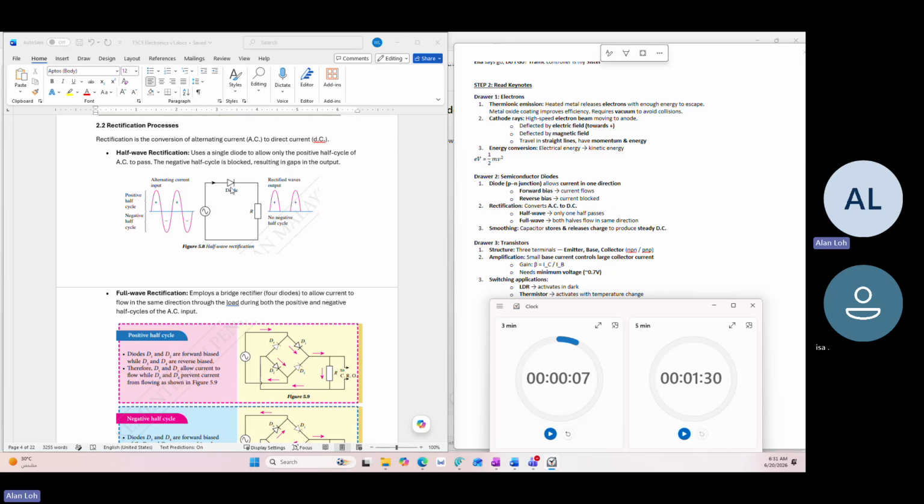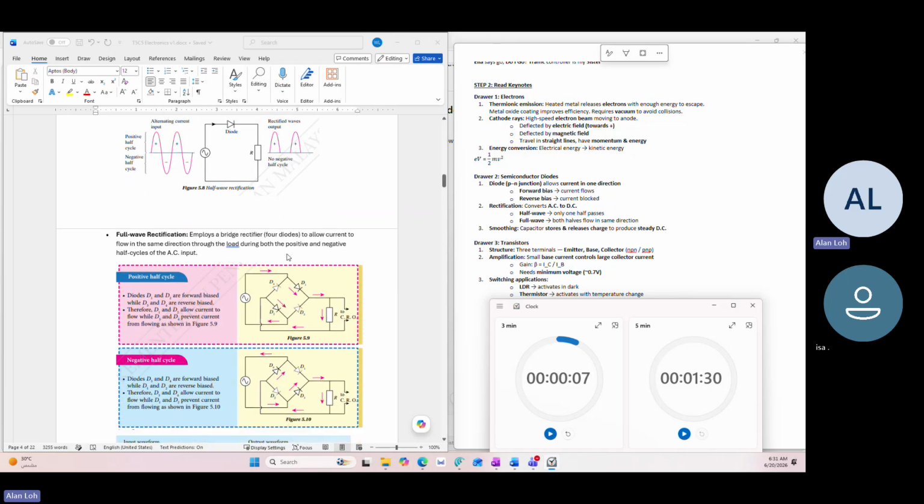So when you have a diode over here, you remember the diode will allow the current to flow if it is clockwise. When it turns from positive to negative, the other anti-clockwise direction, then the diode will stop the current from flowing. So it actually cuts off the negative part. So that's why you have the output of this. So this is half wave.